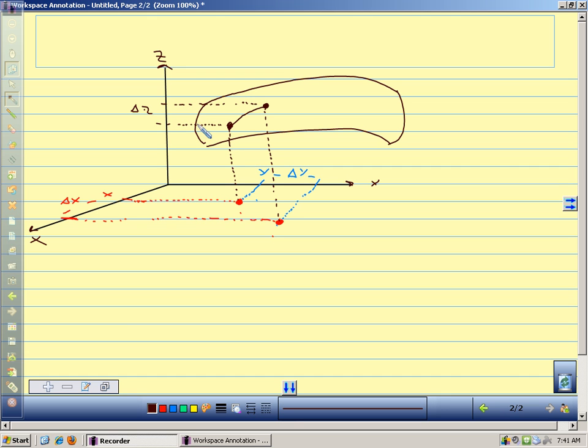So we're going to define the differential of our two-variable function.